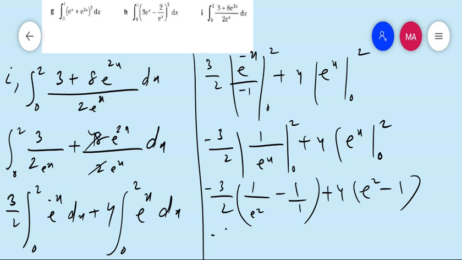More simplification: minus 3 upon 2 into 1 upon e square, minus minus plus 3 upon 2, plus 4e square, 4 ones are 4.